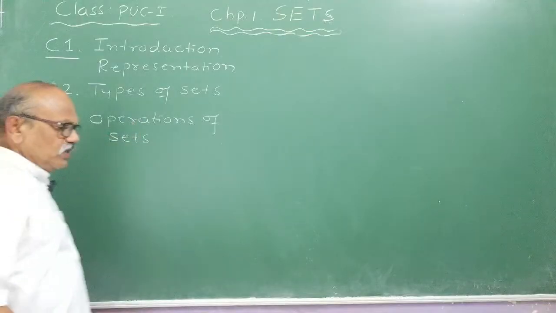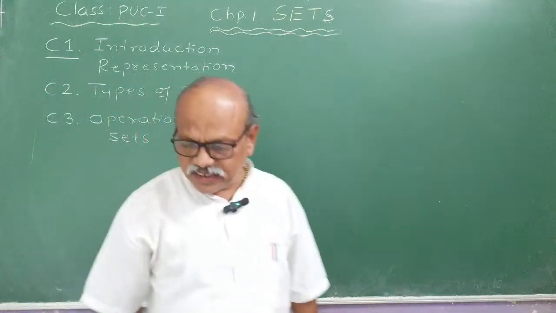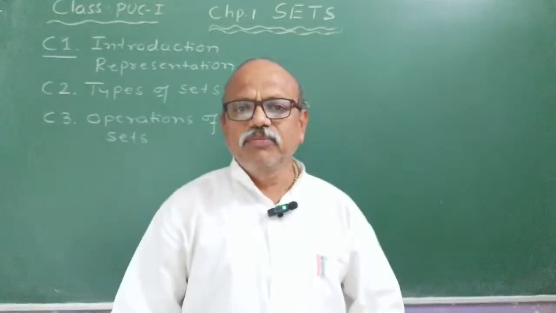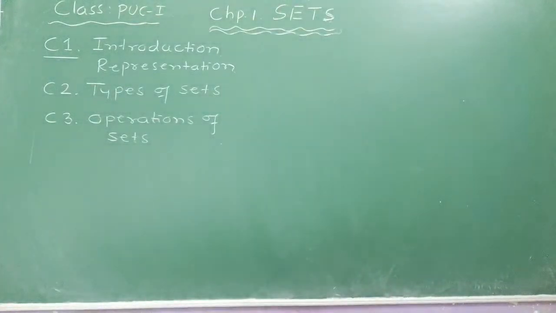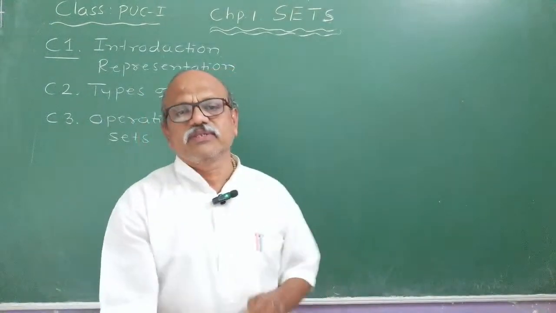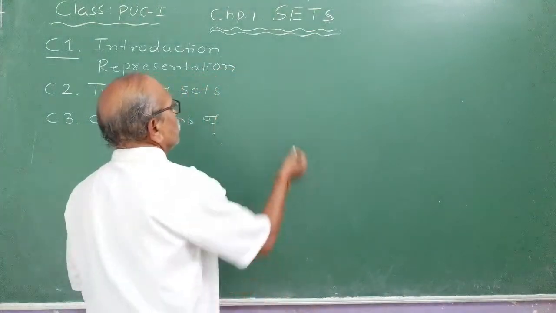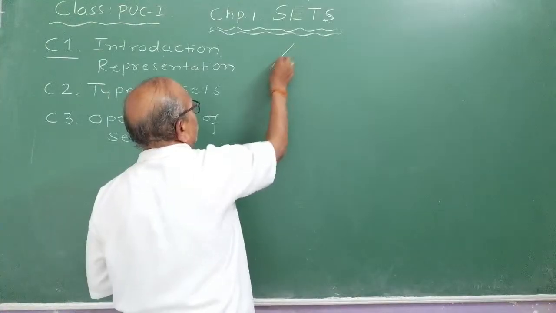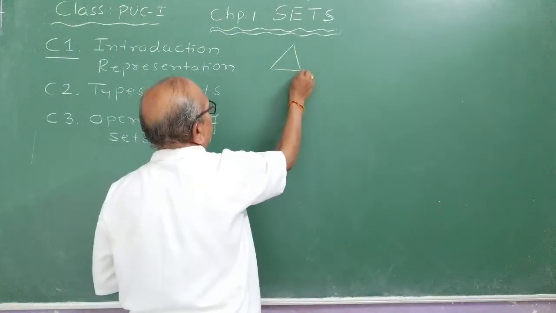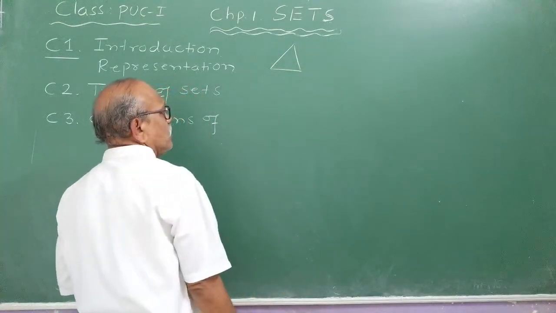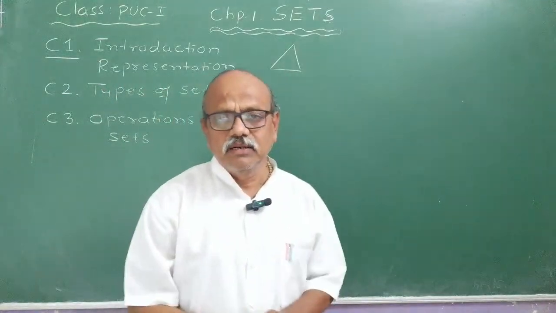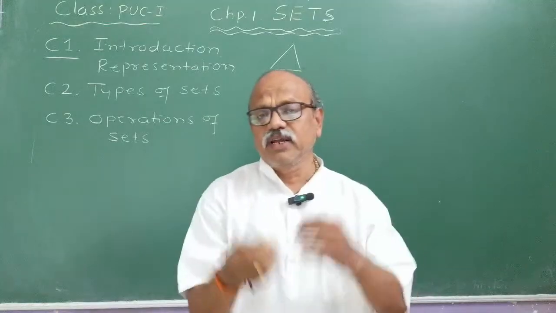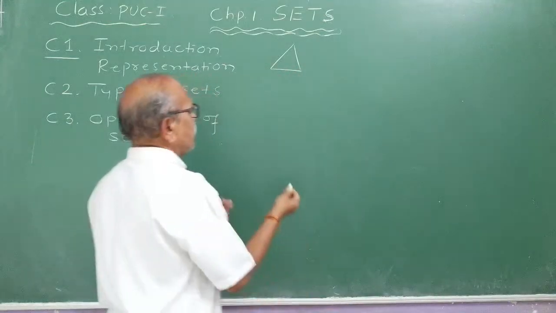Right. What is the meaning of set? Whenever we use the term set, it stands for collection of objects. Like set of different types of triangles: isosceles triangle, equilateral triangle, scalene triangle, right angle triangle.